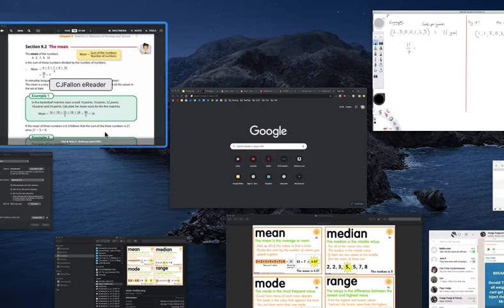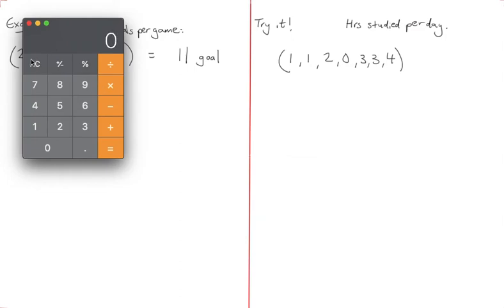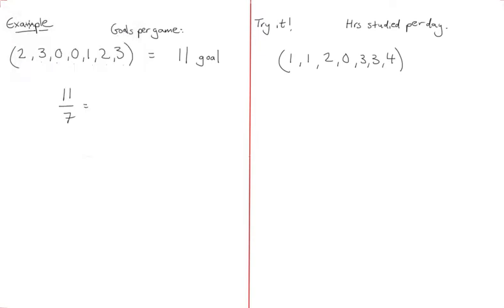Now I'll need to use a calculator for this to get the correct answer, because it won't be an even number. So 11 divided by 7 equals 1.6, we'll say. So his average is 1.6 goals per game, his mean.